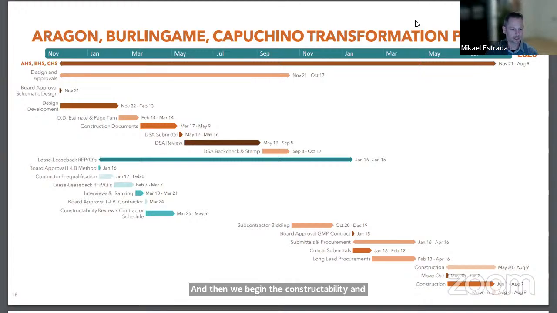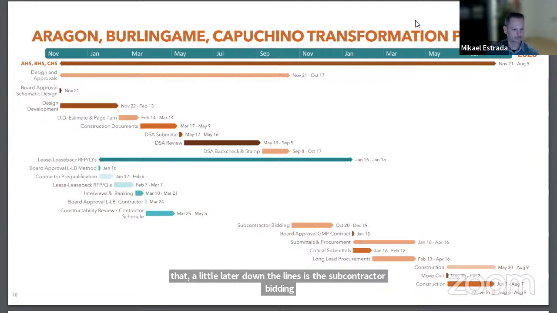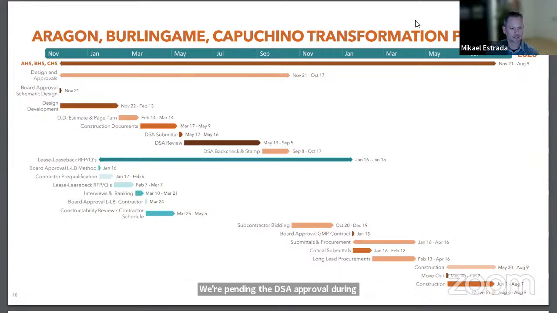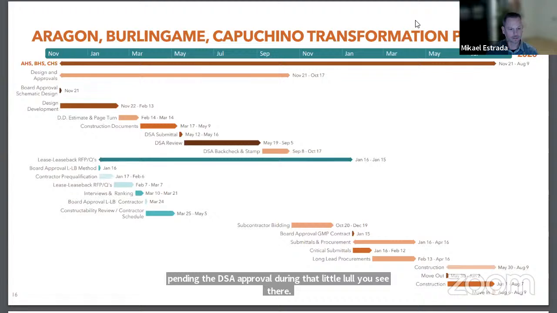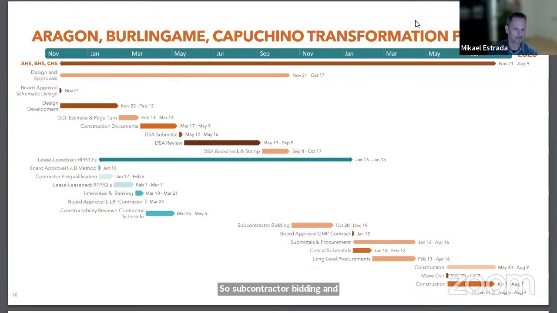Following that, a little later down the line, is the subcontractor bidding. We're pending the DSA approval during that little lull you see there. So it's subcontractor bidding and getting the guaranteed maximum price contract established. After that's approved, we move on to submittals and procurement, with the focus on the critical submittals and the long lead procurement ahead of construction for that summer.